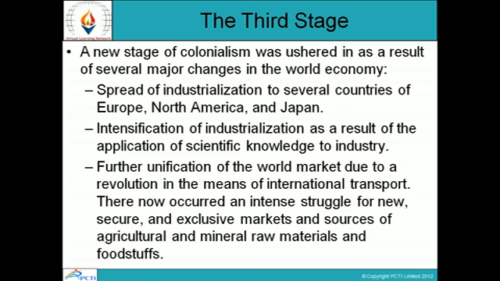So this was a stage where new changes in the world economy affected one place after the other.